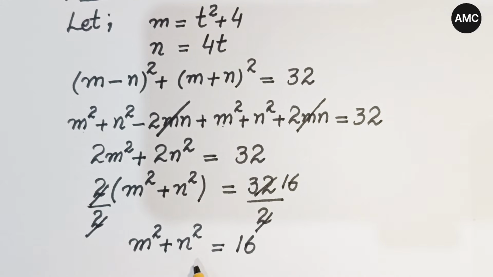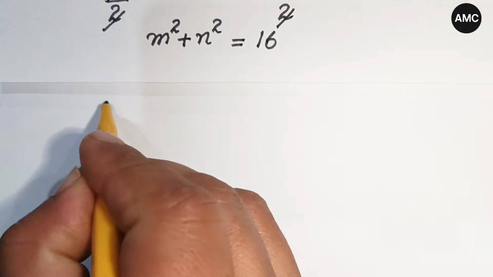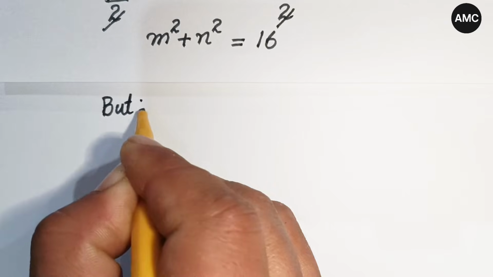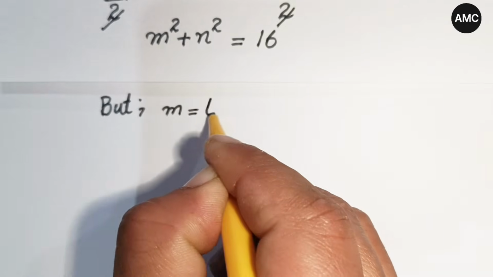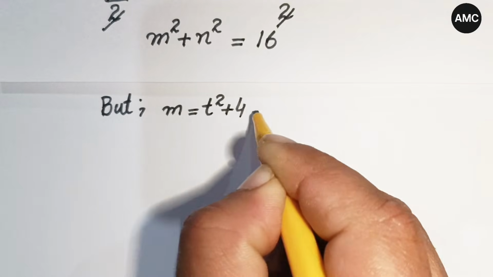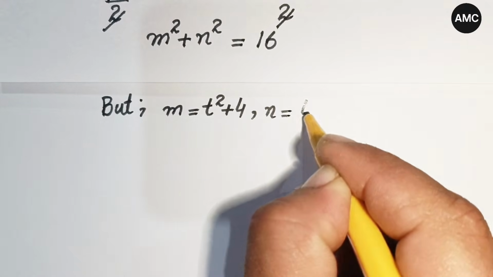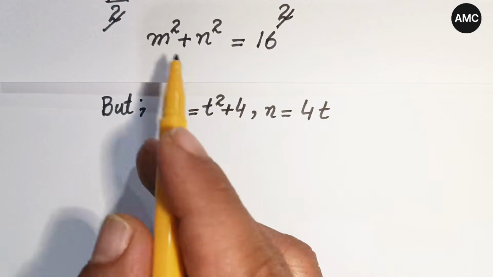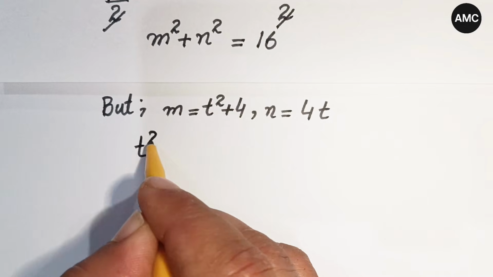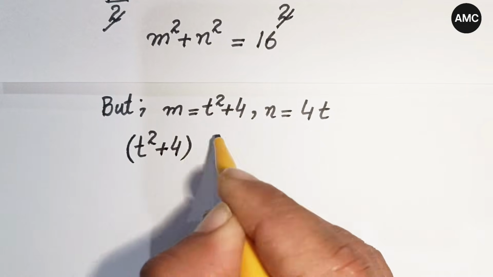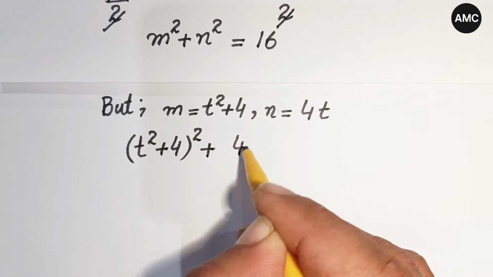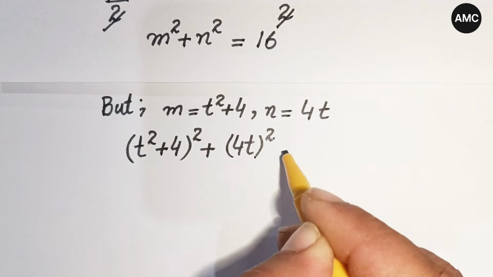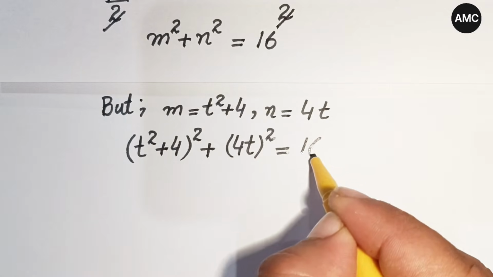But we know the values of m and n, so putting the values here: the value of m is equal to t squared plus 4, and similarly the value of n is equal to 4t. So using these two values, m squared will be (t^2 + 4)^2 plus n squared is (4t)^2 is equal to 16.